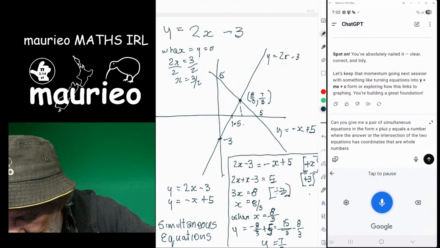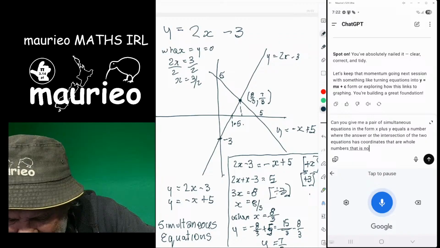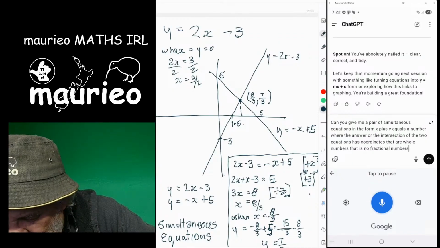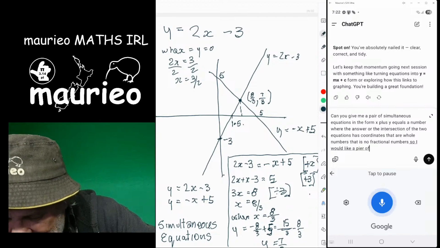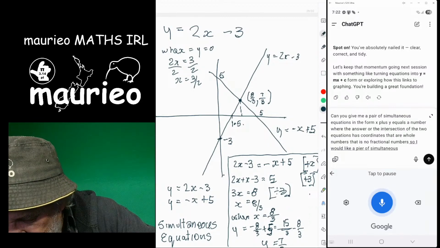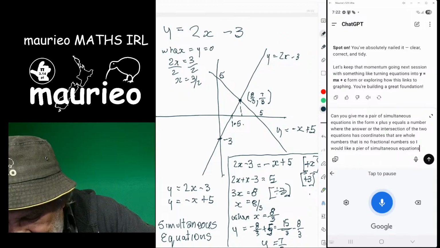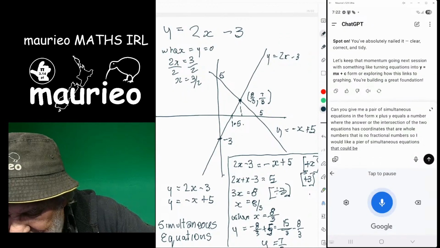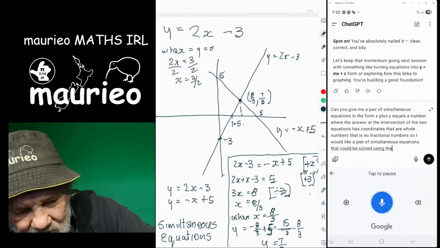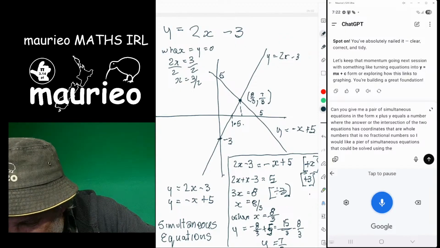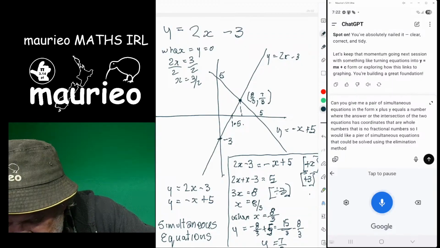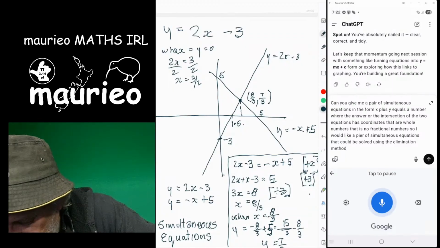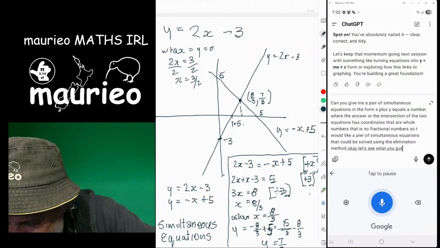That is, no fractional numbers. So I would like a pair of simultaneous equations that could be solved using the elimination method. Okay, let's see what you got, Mr. ChatGPT.